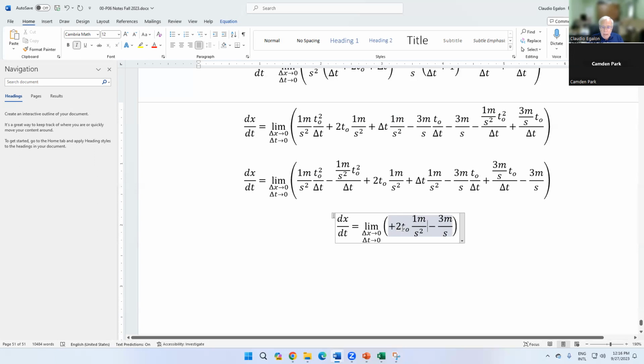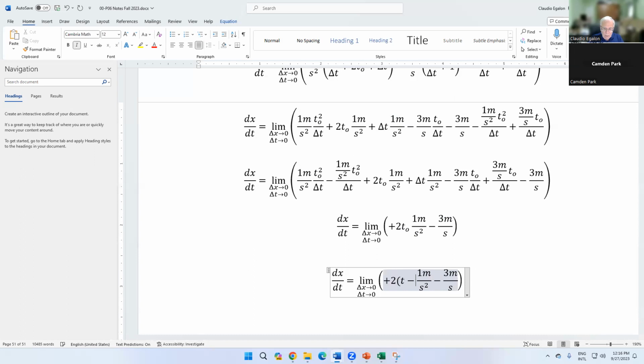But now I wrote that down in terms of t naught. I have to rewrite in terms of t. It's going to be t minus delta t. And don't forget we're multiplying here.